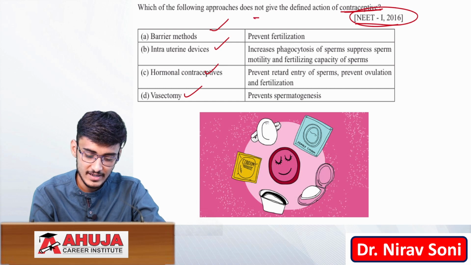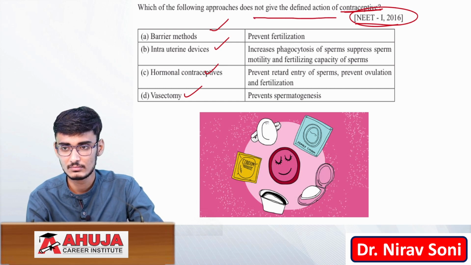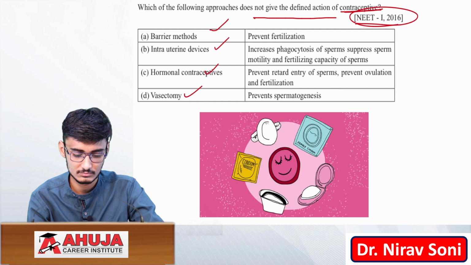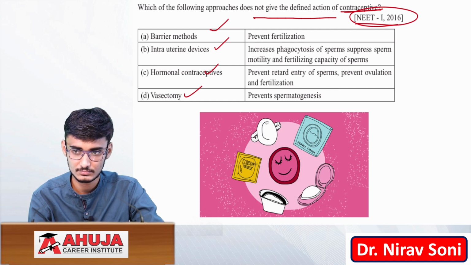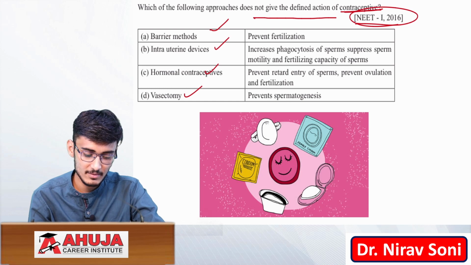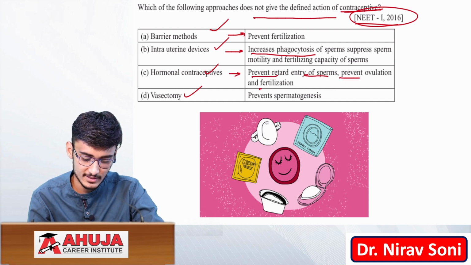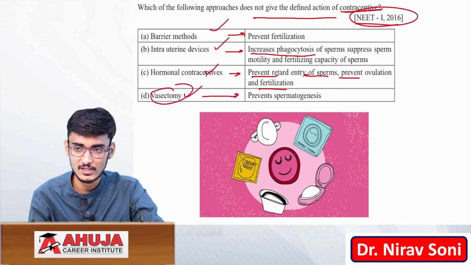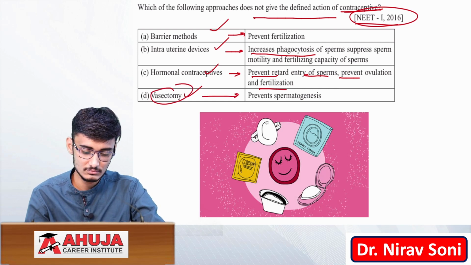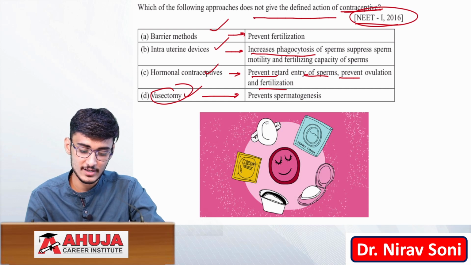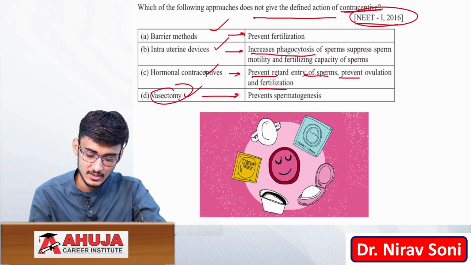Does not give the defined action of a contraceptive. Barrier method prevents fertilization. Intrauterine device increases the phagocytosis process. Hormonal methods retard the entry of sperm, prevent ovulation and fertilization, and vasectomy prevents spermatogenesis. Does not give the defined action of a contraceptive. Option D should be right over here.